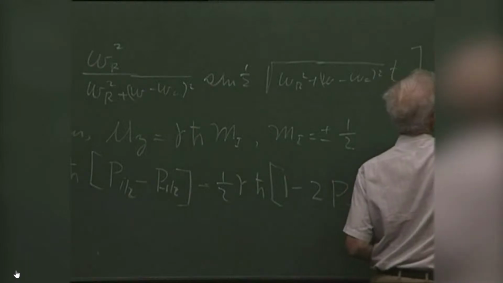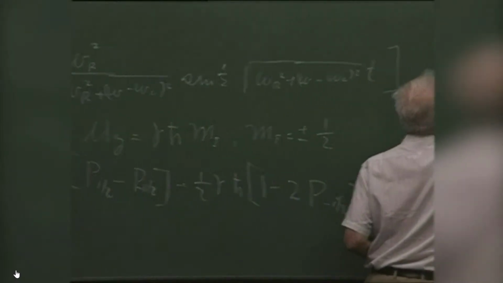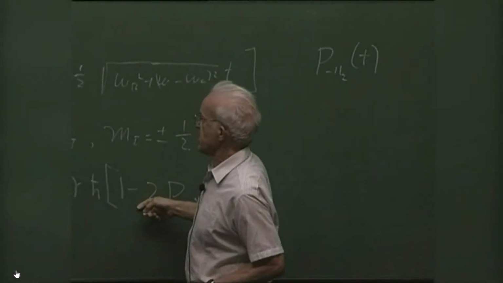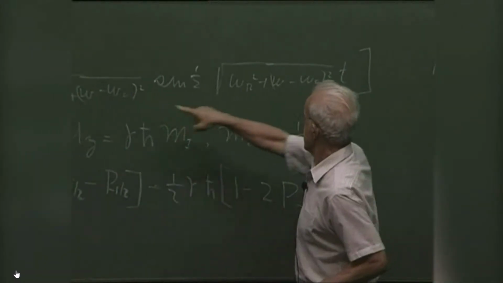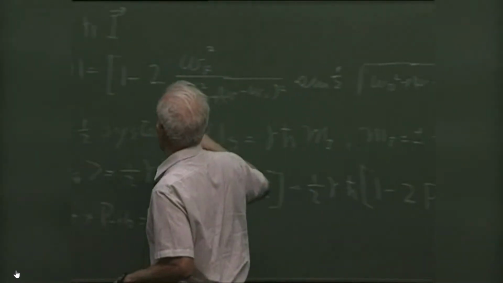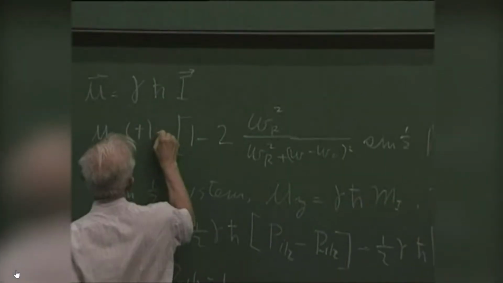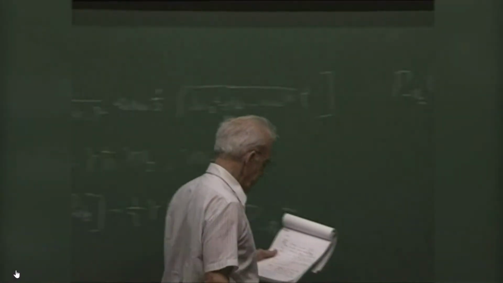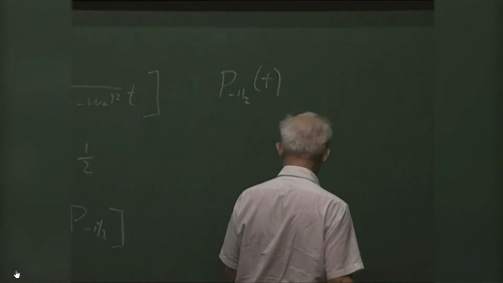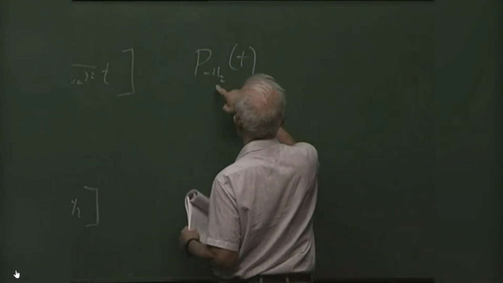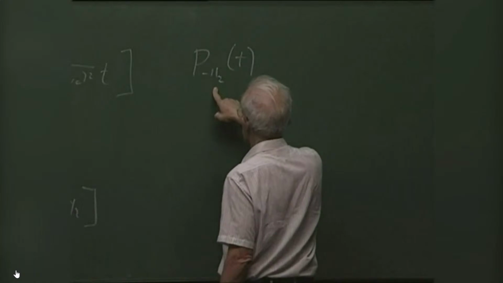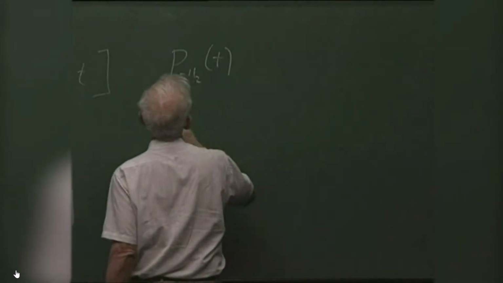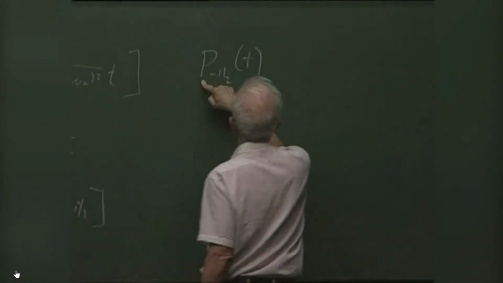So we see that the probability of being in the minus 1/2 state after time t, just by comparing this formula over here with this formula here, particularly if I put in the magnetic moment in front of it, which is gamma times h bar, is given by this formula over here. The probability, maybe a better way of putting it, the probability that it's gone from 1/2 to -1/2, because it started in the +1/2.